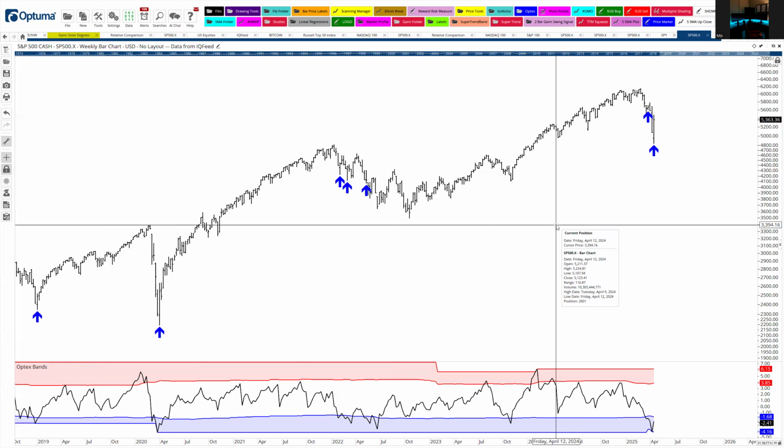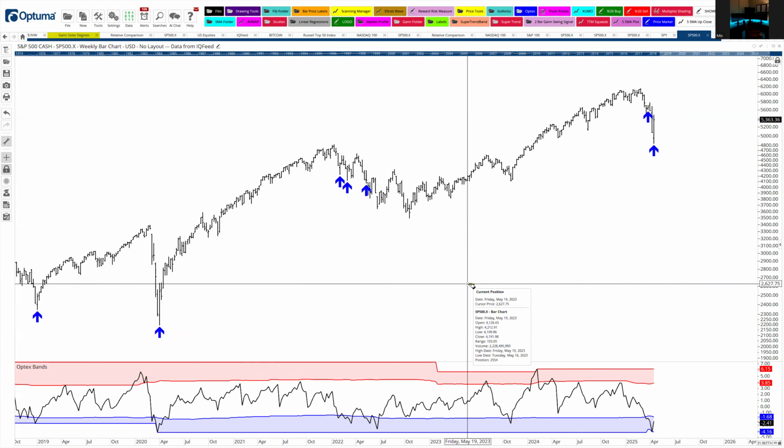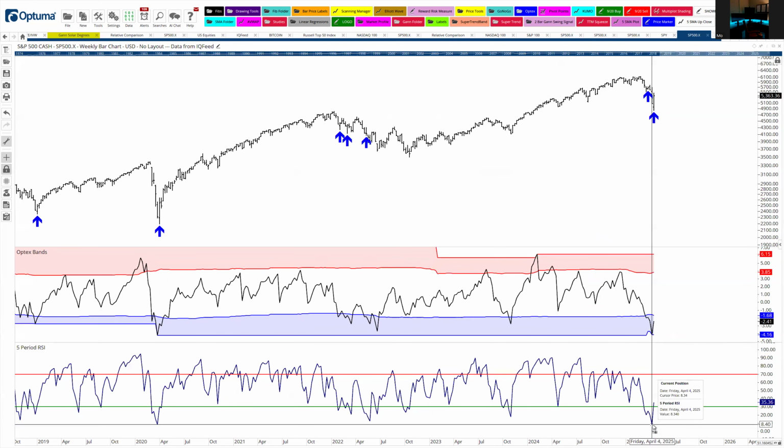We started the week on Monday, and I'm looking at RSI on the weekly time frame. We're sitting right there, 8.